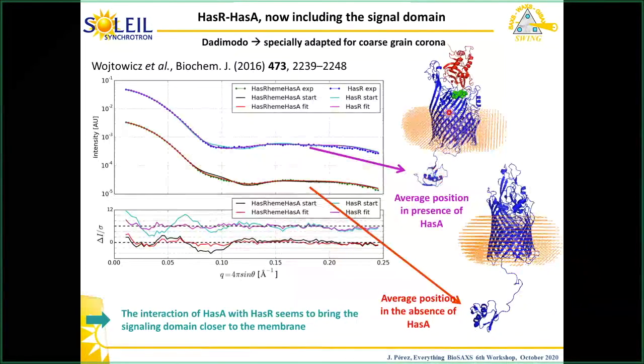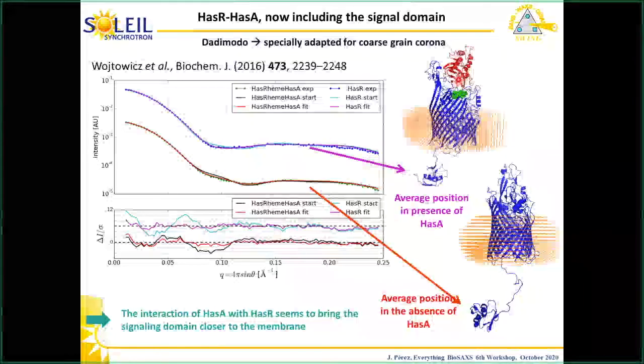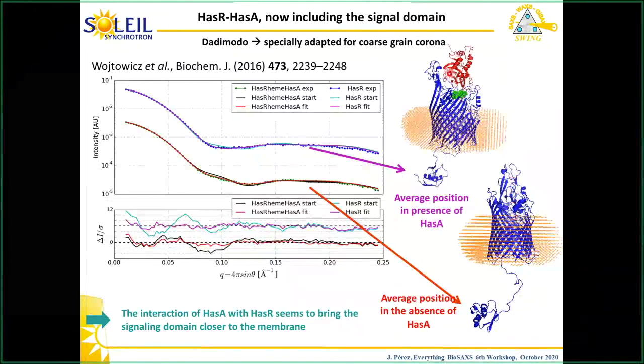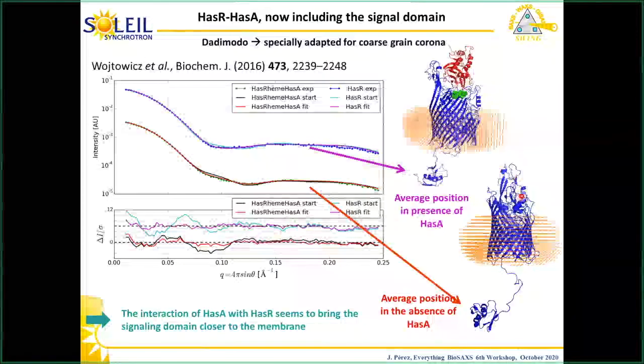It is never close on average to, not stuck to, the main transmembrane protein part, but it is on average at a certain distance. And this distance is larger when the hemophore, Has-A, is absent, not in complex with the protein.